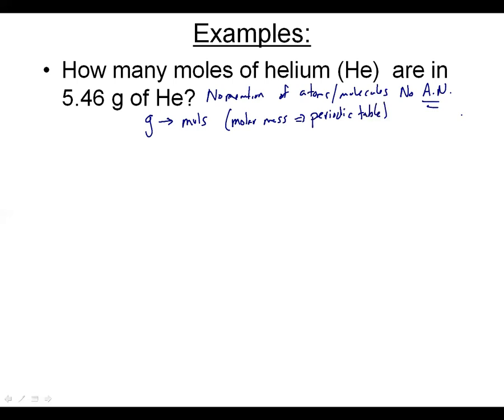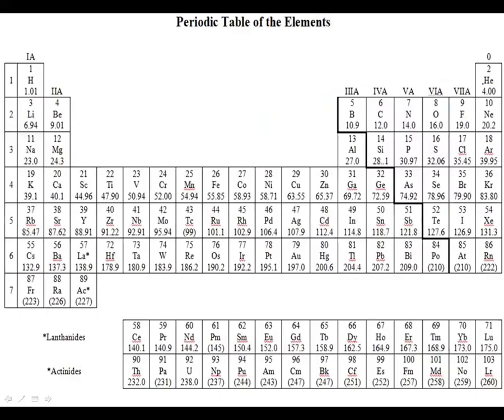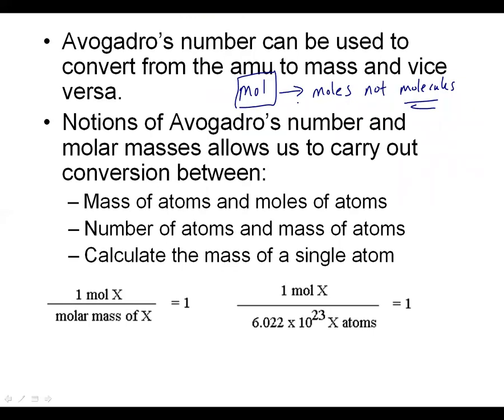So if we go back to the periodic table and we look underneath helium, on most periodic tables, there will be another number there, and we will see that it says 4.003 underneath helium.